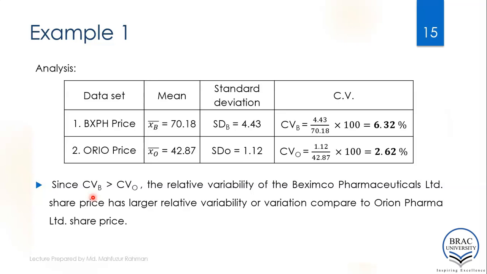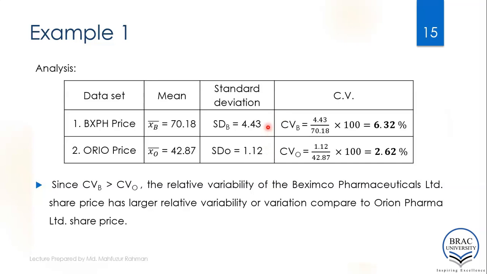So we can say Beximco Pharmaceuticals Limited's share price has larger relative variability compared to Orion Pharma Limited's share price. Now a question may arise in your mind: why are we not using standard deviation to compare these two data sets?